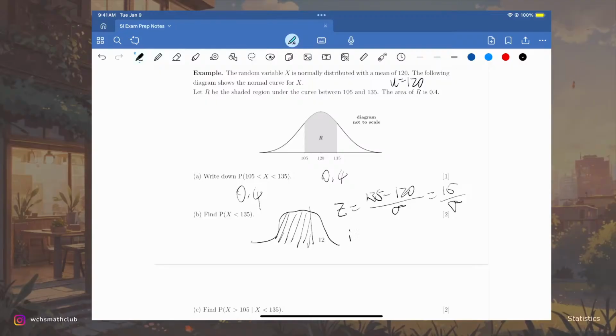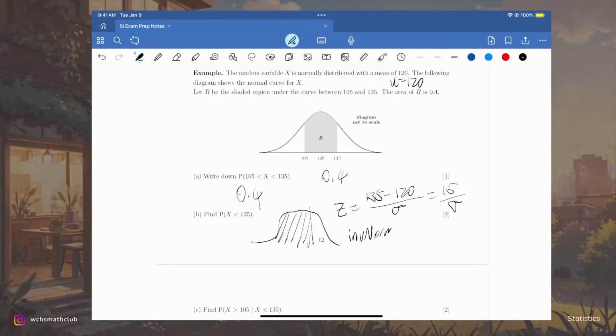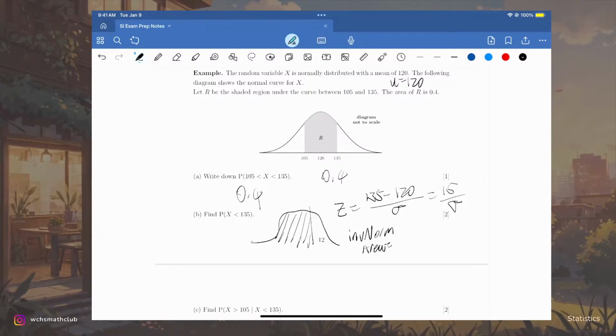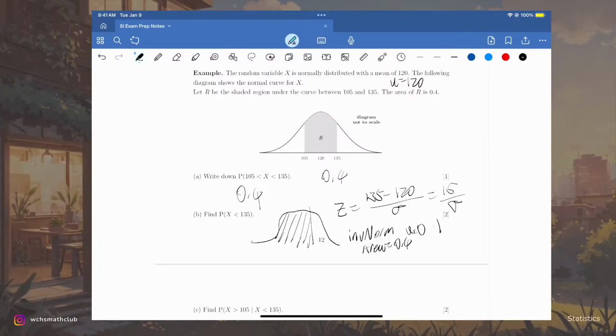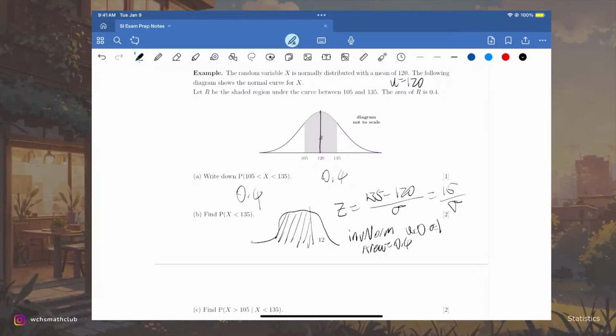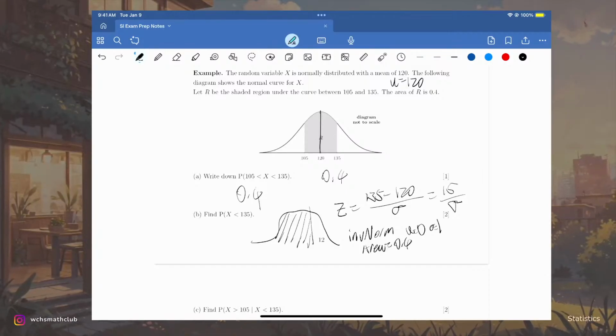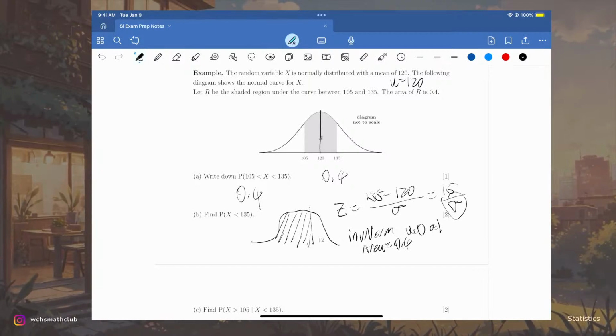And then we can do the inverse norm with the area we have equal to 0.4. And then we have our mean is 0, our standard deviation is 1. And then this will be a center tail, as we can see that is within here. And then from there we can find what the z-score is. And once we have the z-score, we can then do 15 divided by z equals the standard deviation.